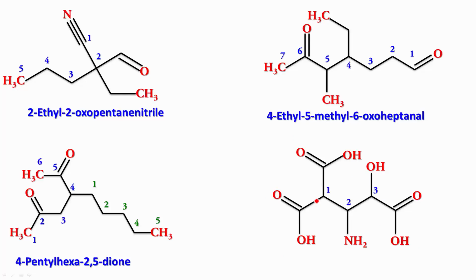The reason I'm starting this as 1 is because 2 of the alpha carbons are sitting at 1. So how do we name this? It's 2 amino, 3 hydroxy, propane 1,1,3 tricarboxylic acid. 2 amino, 3 hydroxy, propane, 1,1,3 tricarboxylic acid.